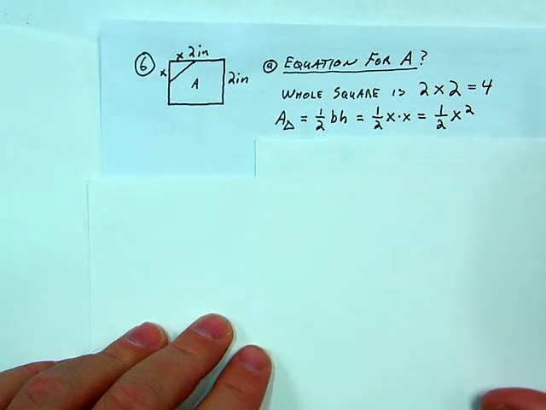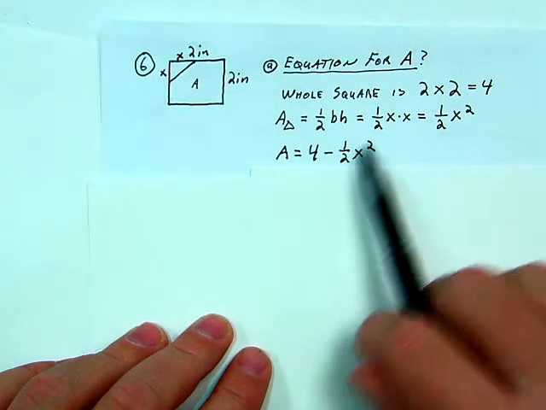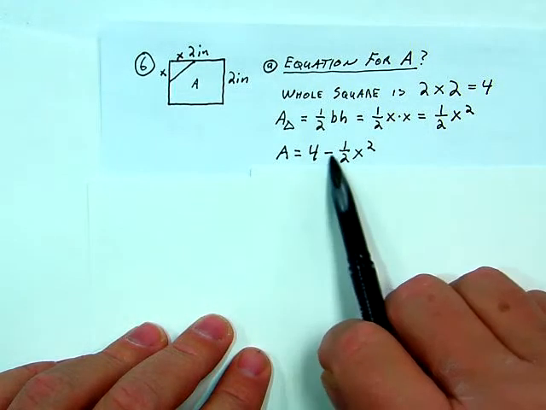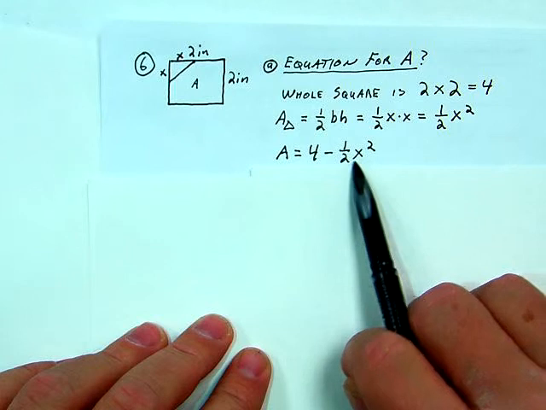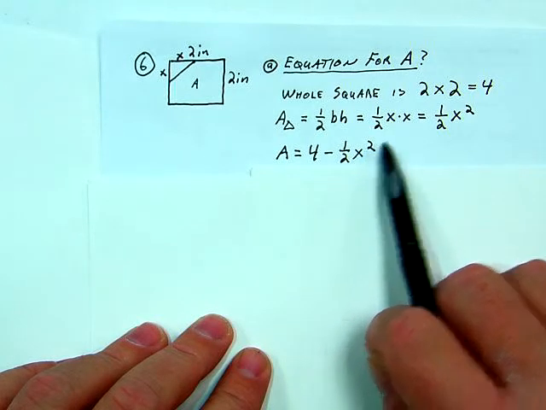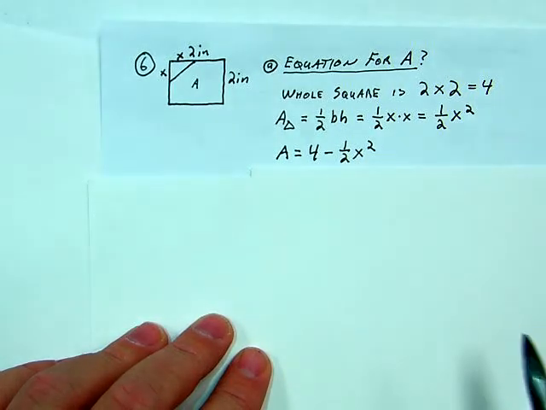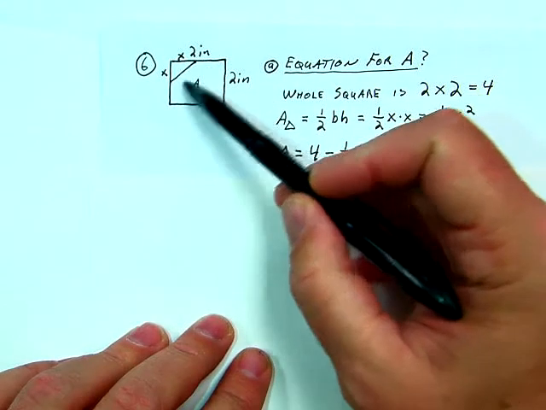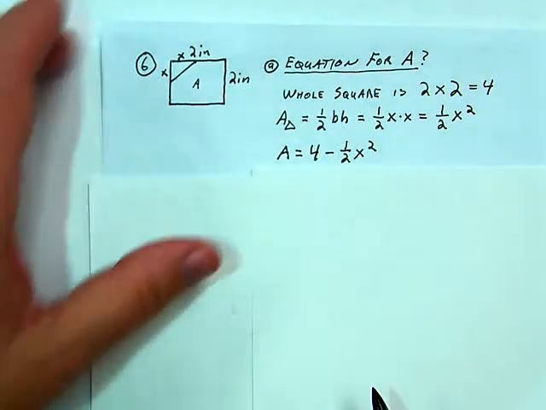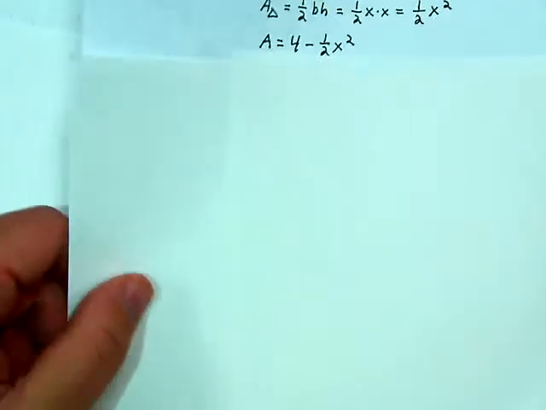Okay, so that answers that question: the whole square, 4, minus the triangle, 1/2 x squared, and that's the equation for the area A, the piece of paper that's left over.